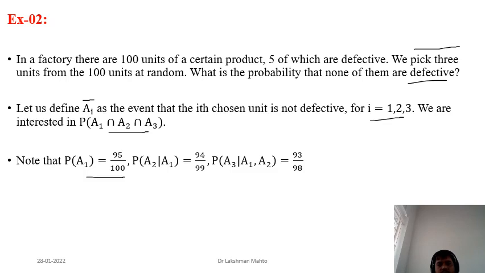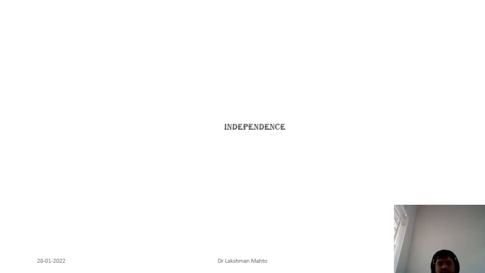What would be the probability of A2? Because one has already been picked and there is no replacement, the probability of A2 given A1 would be 94 by 99. Similarly, the probability of A3 given A1 A2 would be 93 by 98. So we have all these prior probabilities and the desired conditional probabilities, and now we can easily calculate the joint probability with the help of multiplication.